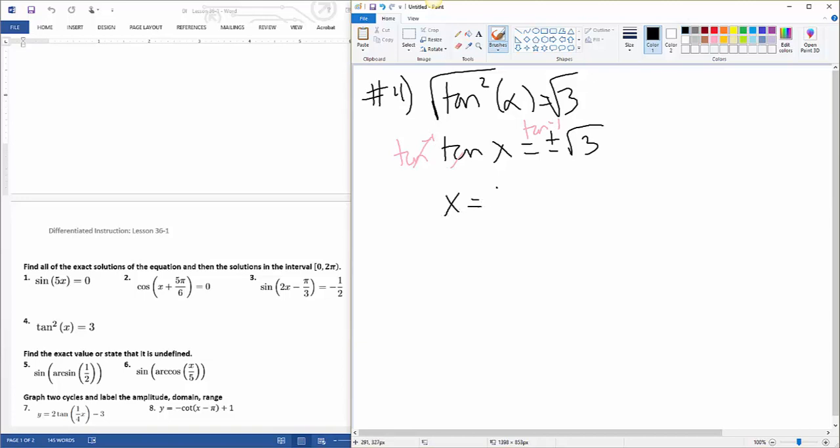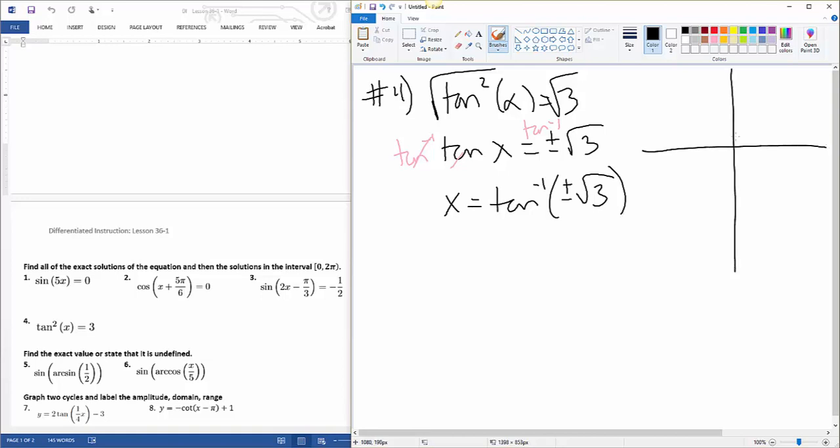And so x equals tangent inverse of plus or minus radical 3. So I need to think to myself, where are all the values on the unit circle where I get a radical 3? Meaning, where is my sine over cosine going to give me a radical 3?